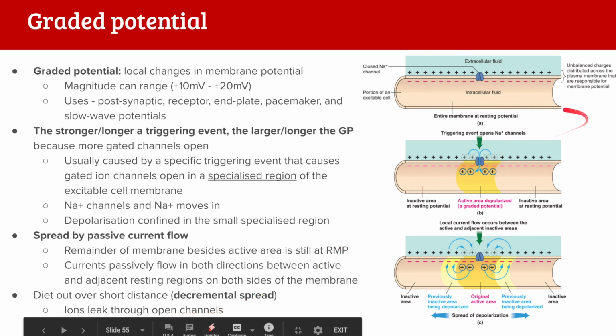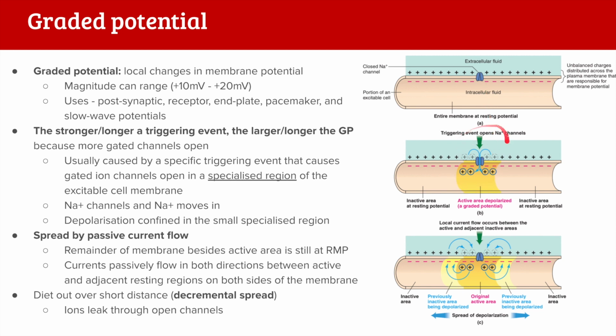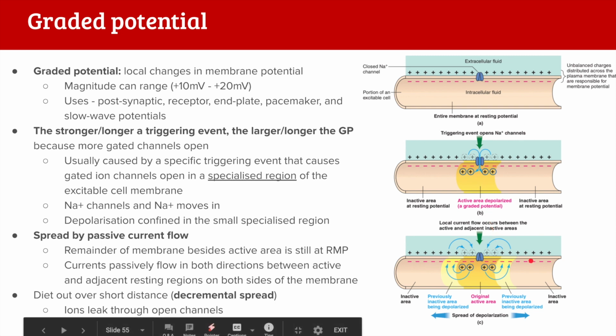If you look here, this triggering event only triggers this specialized portion, sodium channels open and sodium ions flow in. For a brief period of time, the inside becomes a bit more positive instead of more negative. It goes both ways, and it just slowly tapers out.